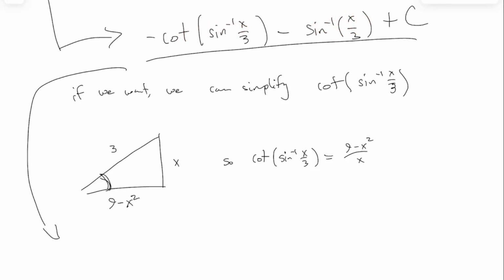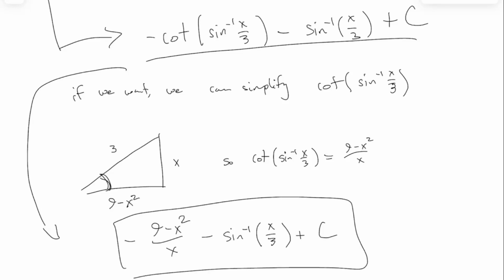And so my well and truly final answer is this. That's the first part, minus. This has to stay as an inverse sine. I just simplified that cotangent of inverse sine part. Yes? Does that 9 minus x squared have to be under a square root?